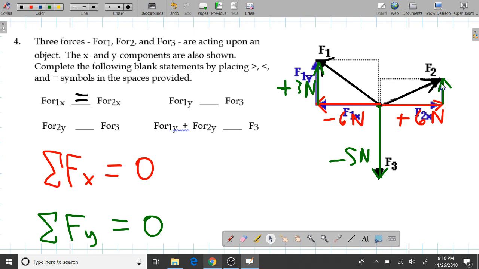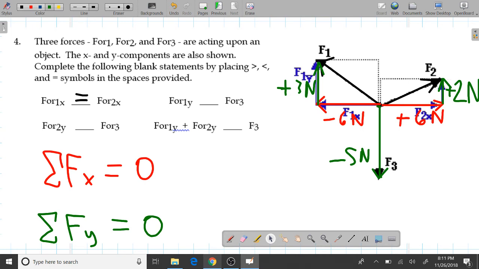It turns out that force will need to be positive 2 newtons. That makes sense because positive 3 plus positive 2 gives us 5, so the two up forces would balance the one down force. This is true of a situation in static equilibrium: if I add up all of my y components, I will get a number that's equal to 0.